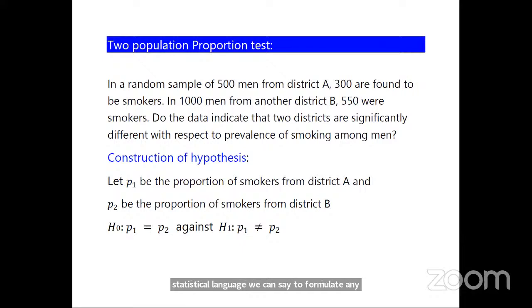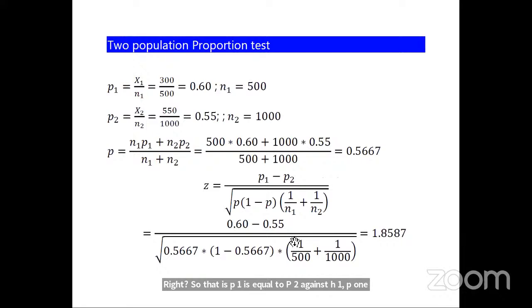Ultimately, in simple words, both proportions of men smokers in district A and district B are equal. So that is H0: P1 is equal to P2 against H1: P1 not equal to P2.